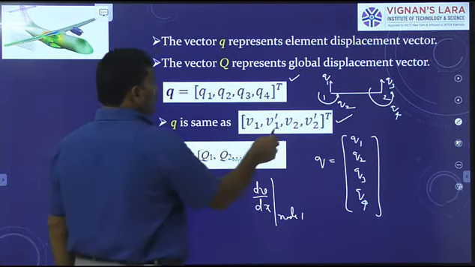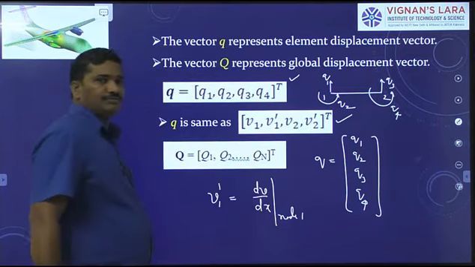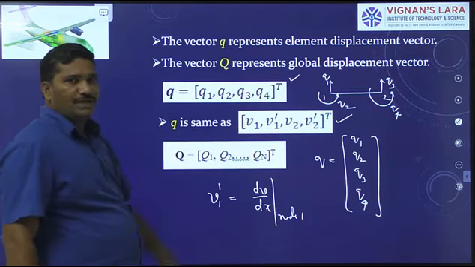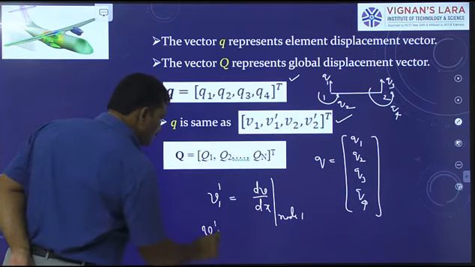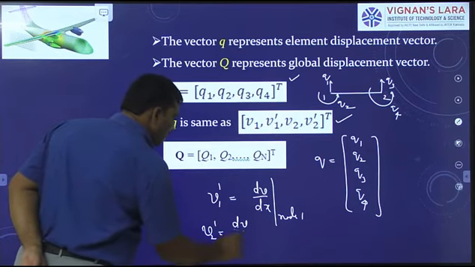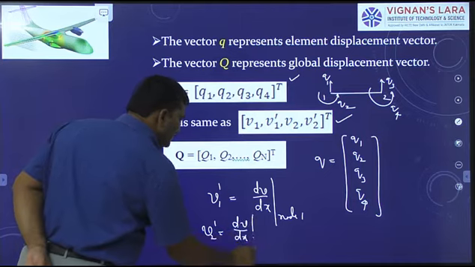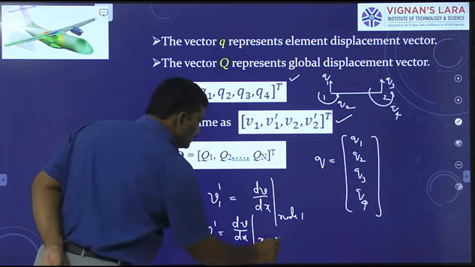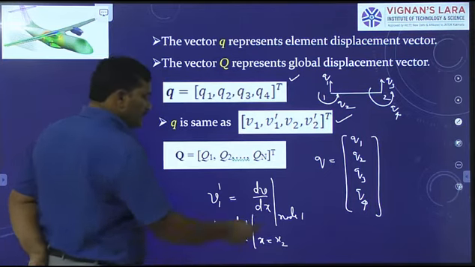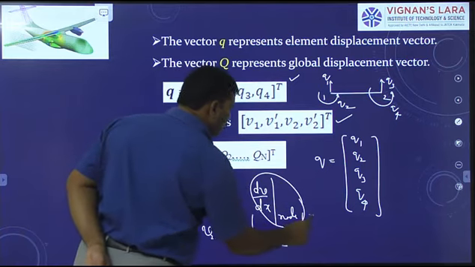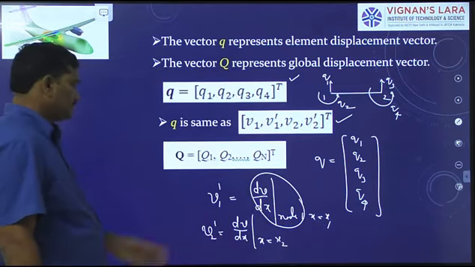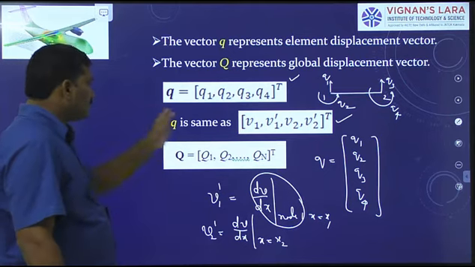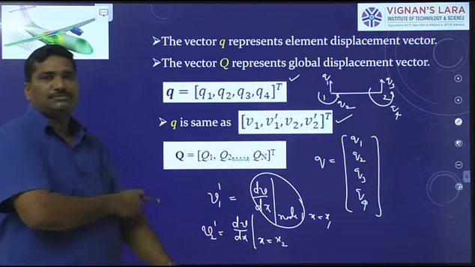Next, Q3 equals V2. And Q4 is simply V2 dash. How do you get V2 dash? It equals dv by dx at x equal to x2, remember. Therefore, Q you can also represent like this.